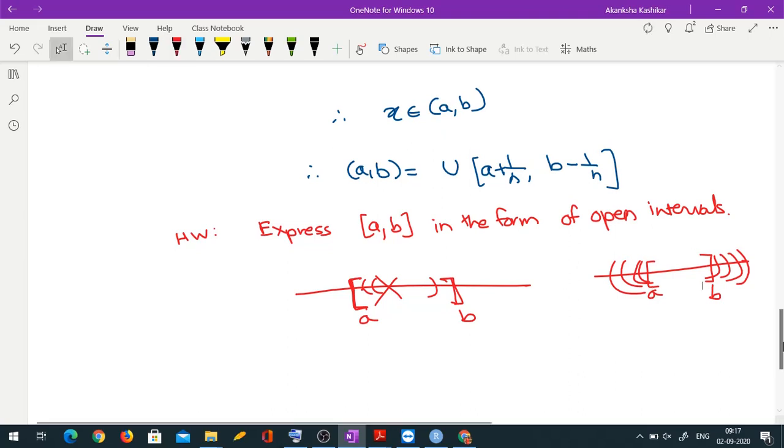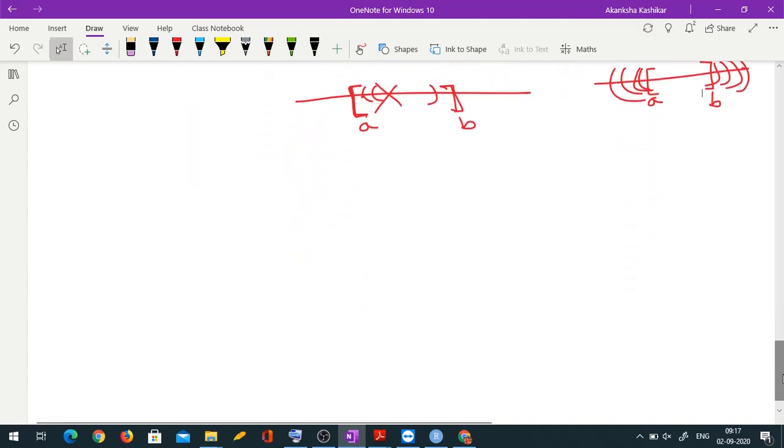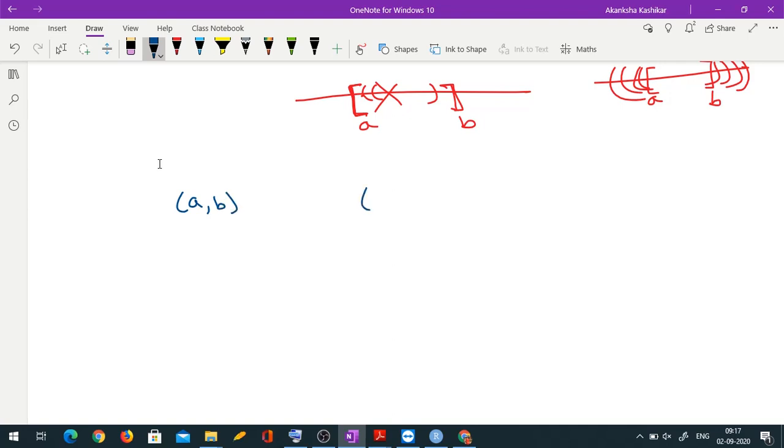Now let me try one more thing. Let me try to express one finite interval in the form of infinite intervals. Okay. So suppose I want AB to be expressed in the form of intervals of the type minus infinity to B. Okay, because this seems slightly difficult.